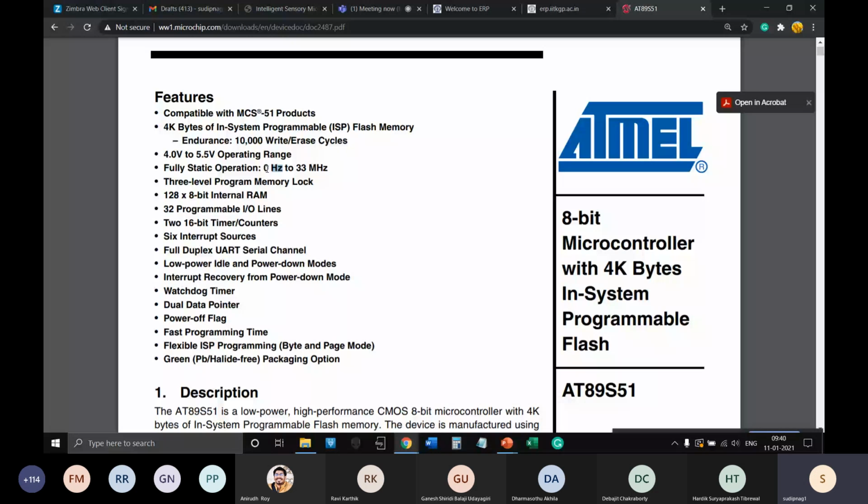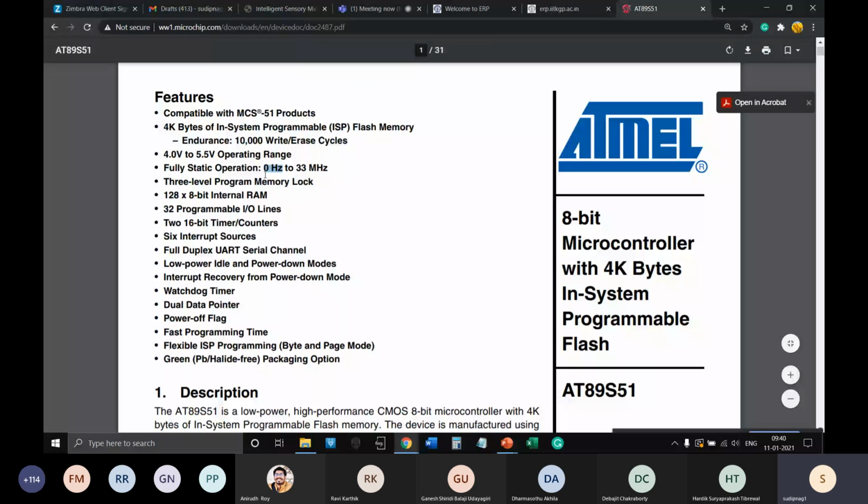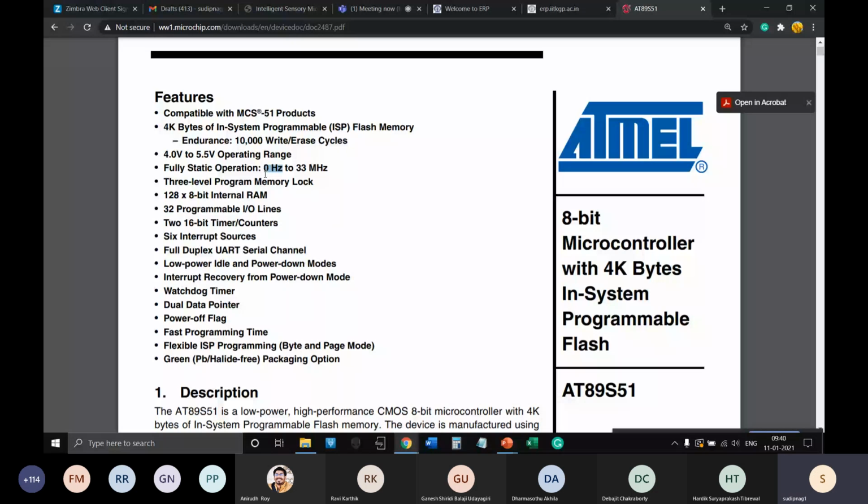If you look at the equation for dynamic power consumption, what is the equation? P dynamic equals C into V square into F. So if you increase the frequency F, then it will also linearly increase the power consumption of this chip.